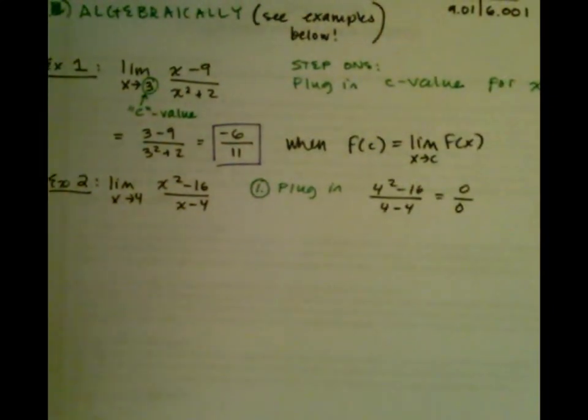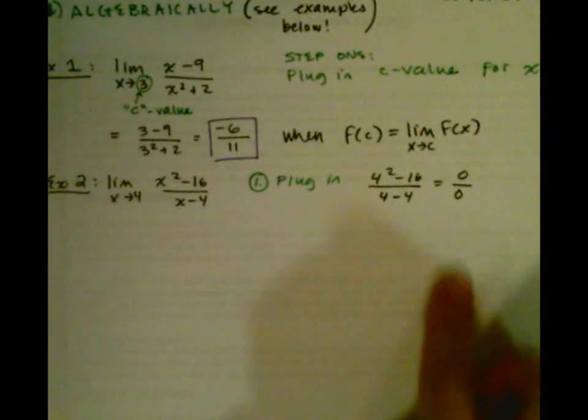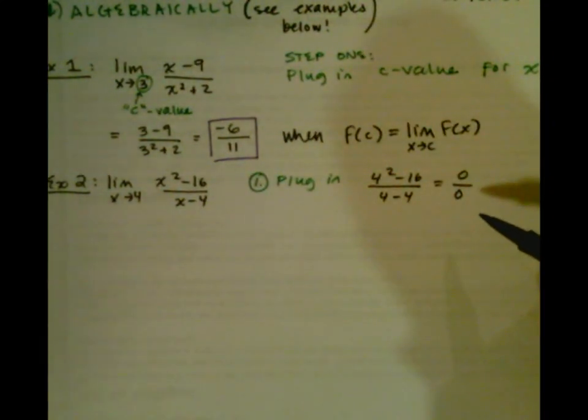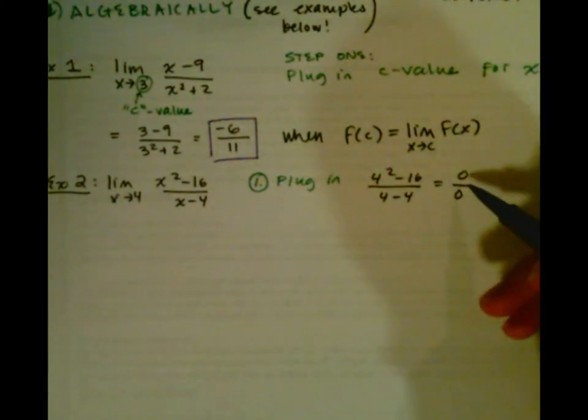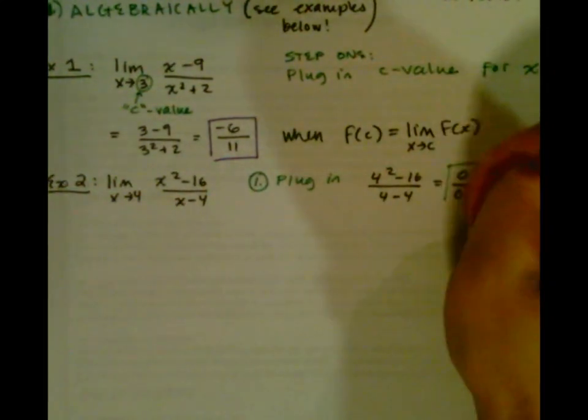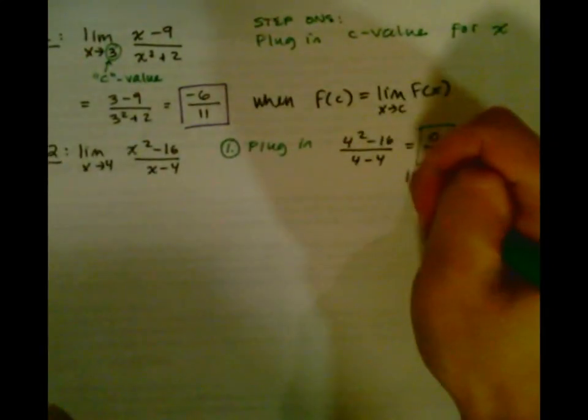So this is where we're going to need some algebra, because 0 over 0 doesn't mean that the limit is 0. 0 over 0 is not the same as 0. It's a special form called indeterminate form. There are a couple of indeterminate forms, but this is the main one.